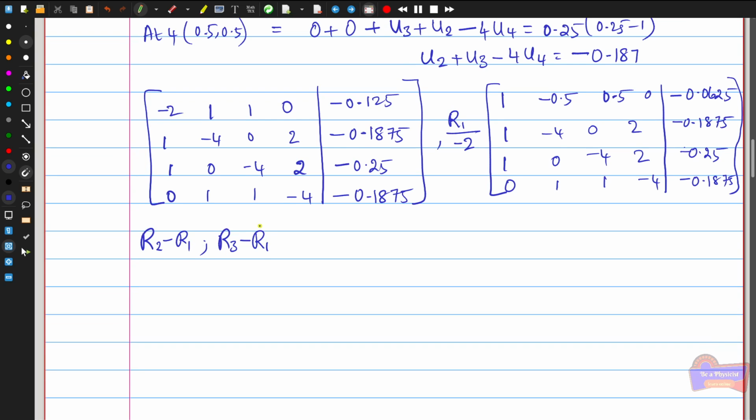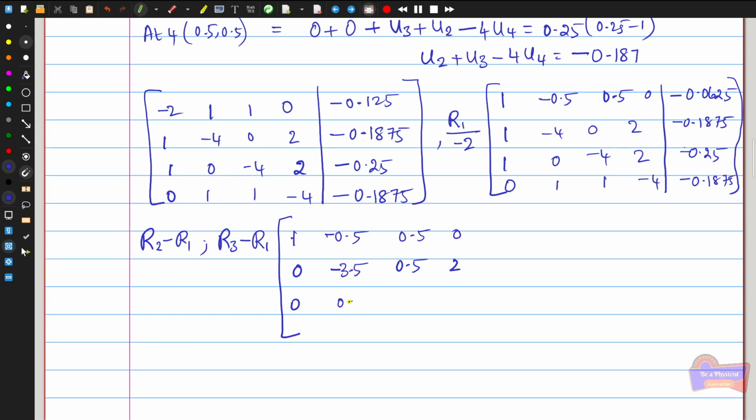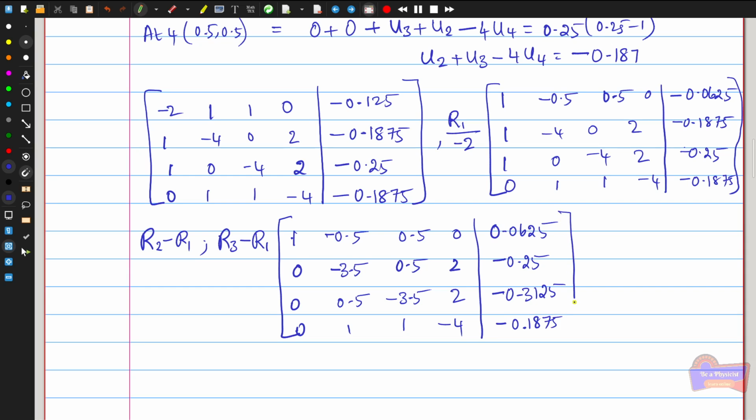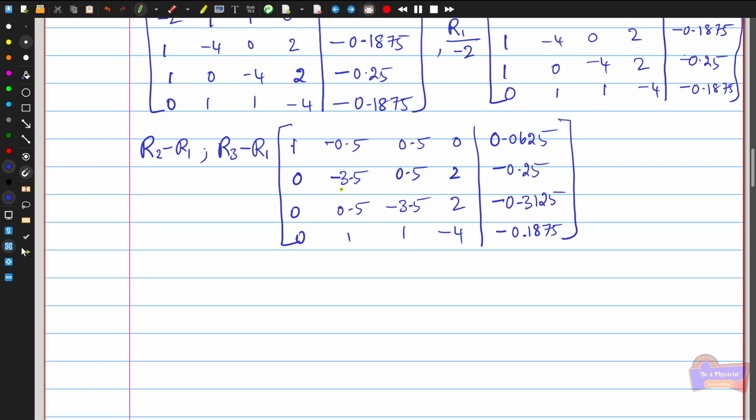If I do this transformation, I get the matrix 1, minus 0.5, 0.5, 0, then 0, minus 3.5, 0.5, 2, then 0, 0.5, minus 3.5, 2, and 0, 1, 1, minus 4, and the right hand side will be 0.0625, minus 0.25, 0.3125, minus 0.1875.